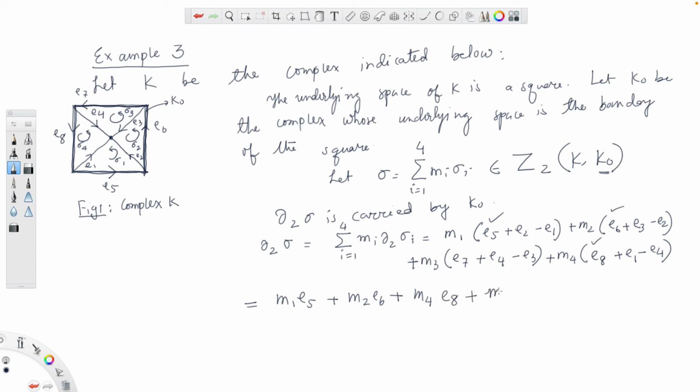And then we have plus (m1 minus m2) E2 plus (m2 minus m3) E3 plus (m3 minus m4) E4 plus (m4 minus m1) E1. That is our equation number 3.